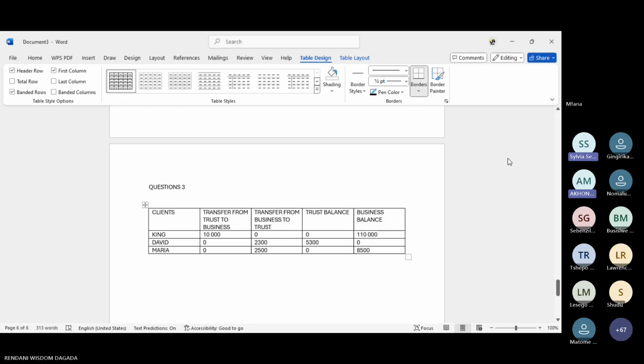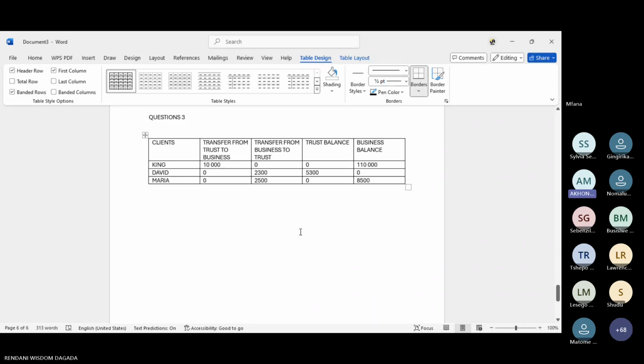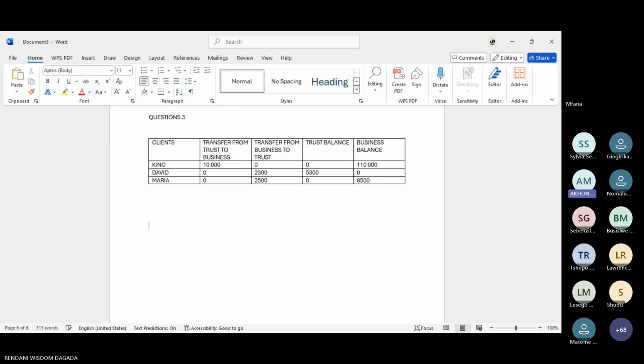So the 2,500 you add to the existing business balance of 6,000 to make the 8,500. It's the money that Maria owes to the business. She has received services, but she does not have money to pay. The services are to the amount of 2,500, hence the shortfall.